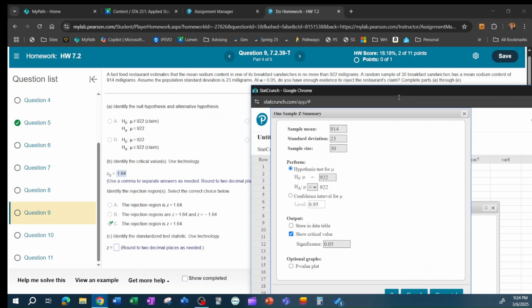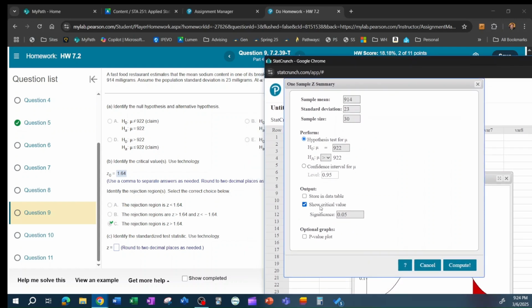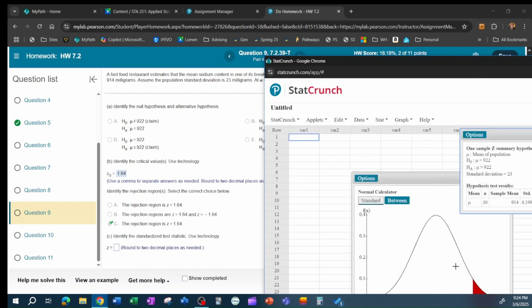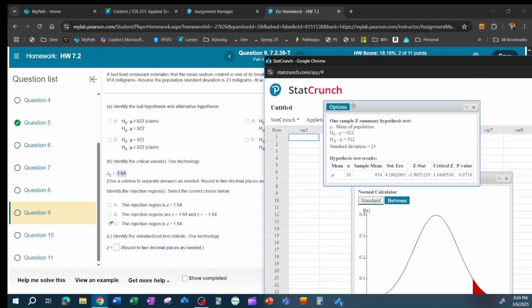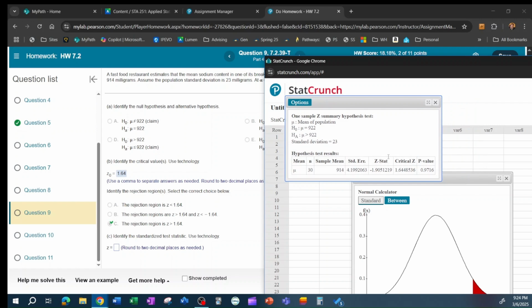So let's do it. We don't need the plots or anything else. Okay, compute. All right, so look, this is what this gives us. Here's the p-value. Man, it's a monster. Our critical value is here. And this is our test statistic. All right, the test statistic is the z-stat.